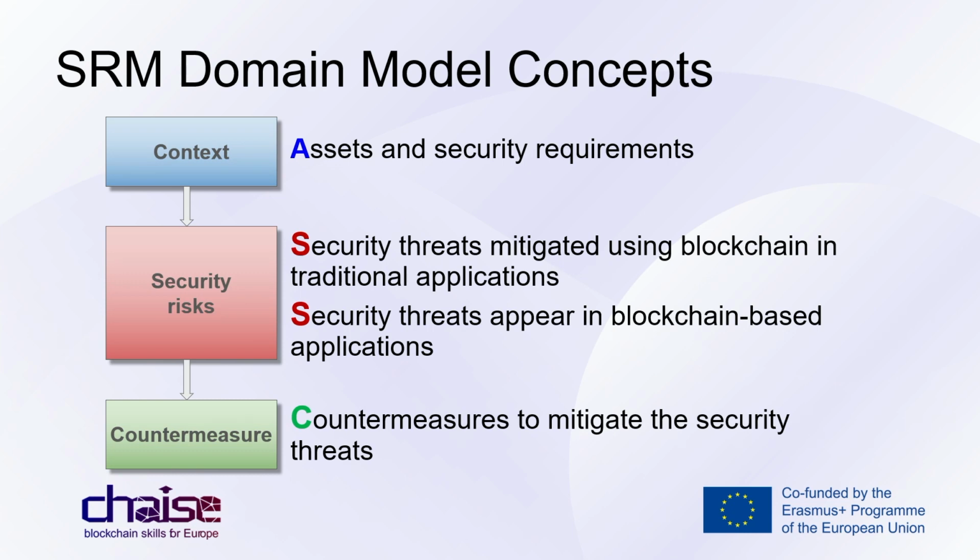It is just to reduce to that level that is acceptable to system stakeholders. So, we will focus on the security requirements that help us to mitigate the security threats to that level that is acceptable to system stakeholders.